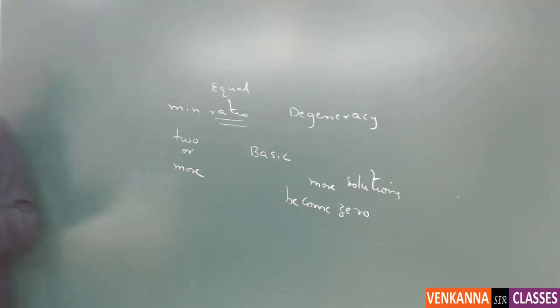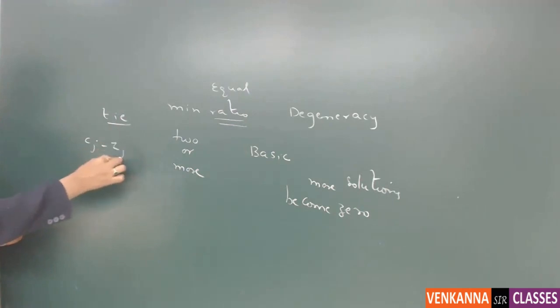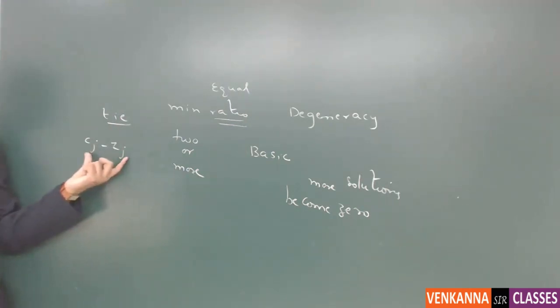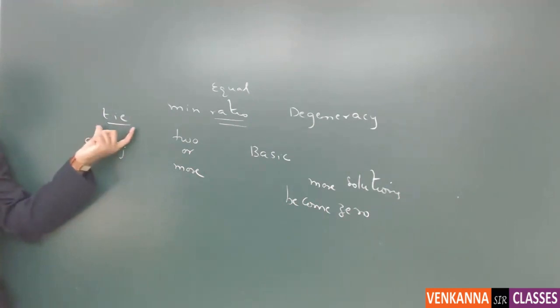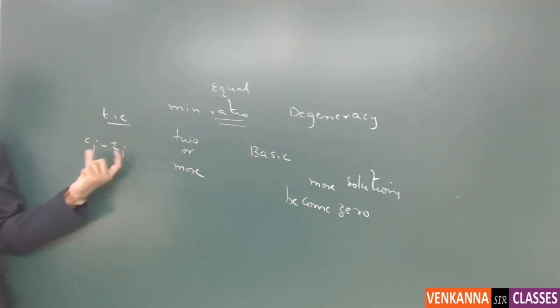And we have one more tie situation, since we are calculating Cj minus Zj. In this case also, a tie happens, so that the values are equal, except in the construction of the table. Are you getting the concept?